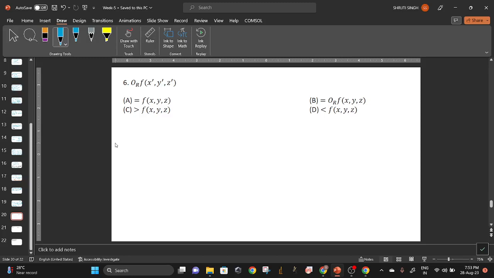So this question is the same thing which I told you now: the symmetry operation O for the symmetry element R applied to a function of x', y', z' should be equal to f of x, y, and z, because the function itself after transformation and before transformation does not change.